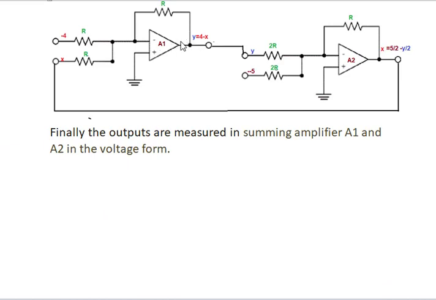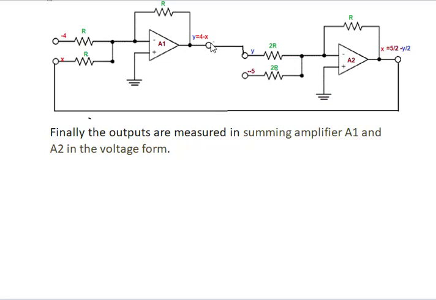The output of the first amplifier Y is connected to one of the inputs of the second summing amplifier A2, and in the same way, the output of the second summing amplifier X is connected to the first summing amplifier input. Due to this cumulative action, finally the solution, the value of Y and the value of X, is measured here.